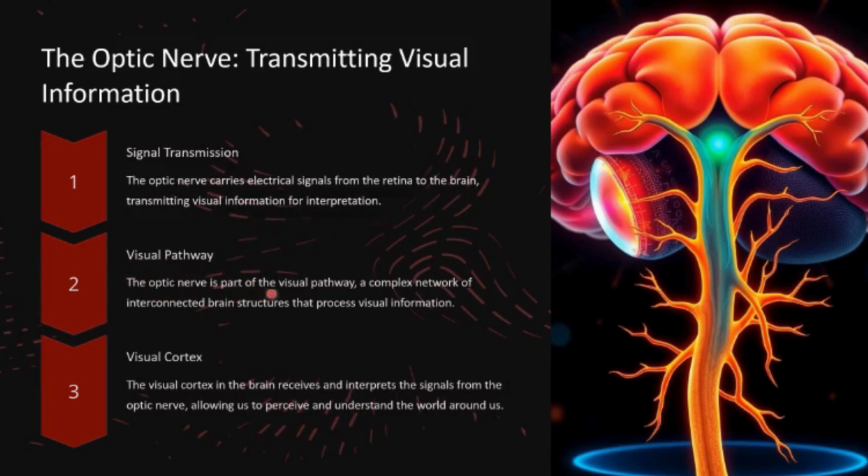The optic nerve is a part of the visual pathway, a complex network of interconnected brain structures that processes the visual information. Then we have the visual cortex. The visual cortex in the brain receives and interprets the signals from the optic nerve, allowing us to perceive and understand the world around us.